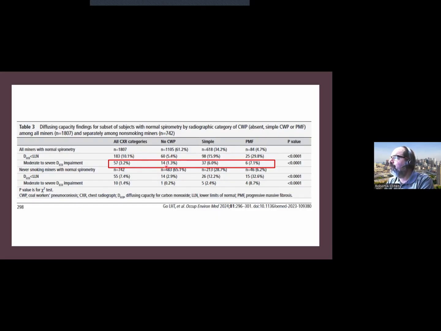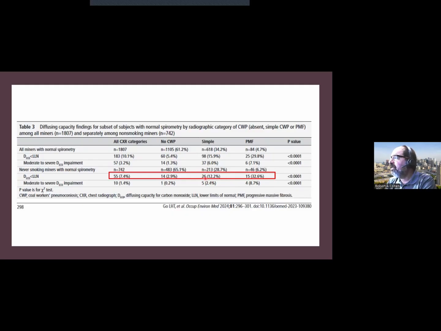And we can see that overall 3% of people had moderate to severe diffusion impairment with normal spirometry in all categories of chest X-ray, and those numbers were smaller but still significant, and therefore we think it is important to get diffusion capacity. And the never-smoking miners with normal spirometry still had significant percentages of impairment, which also increased by their X-ray radiographs.